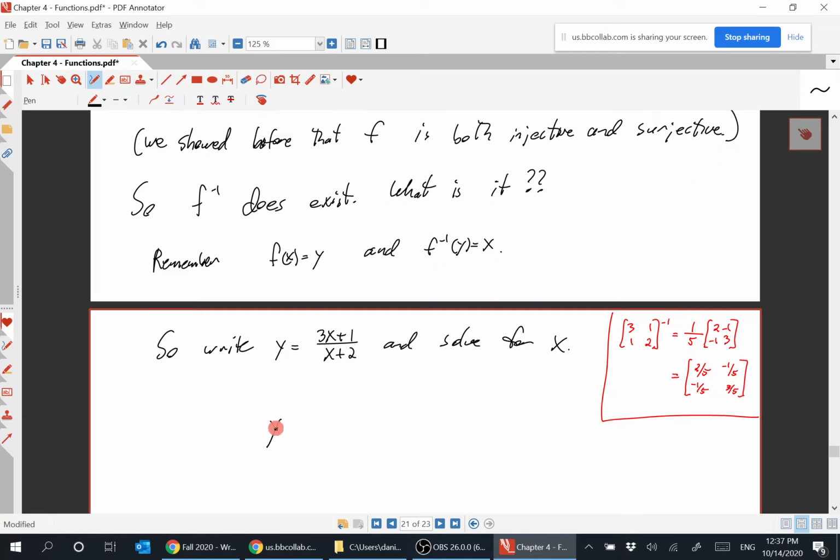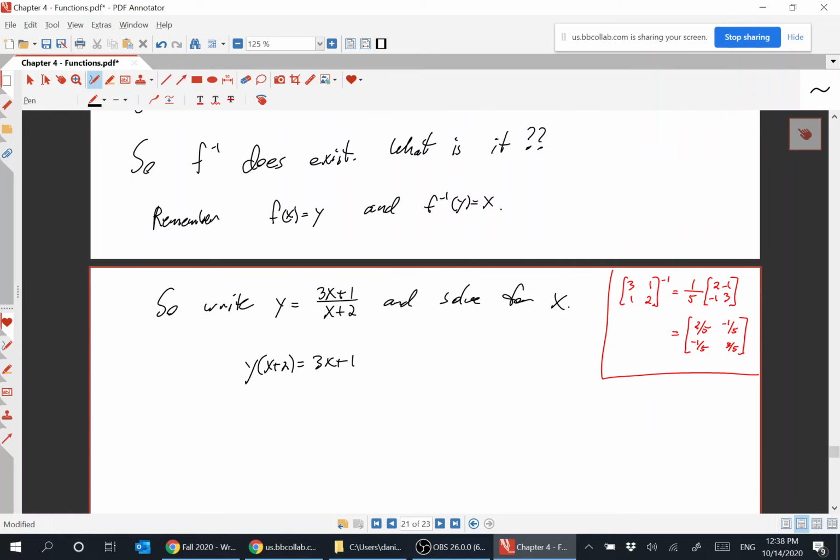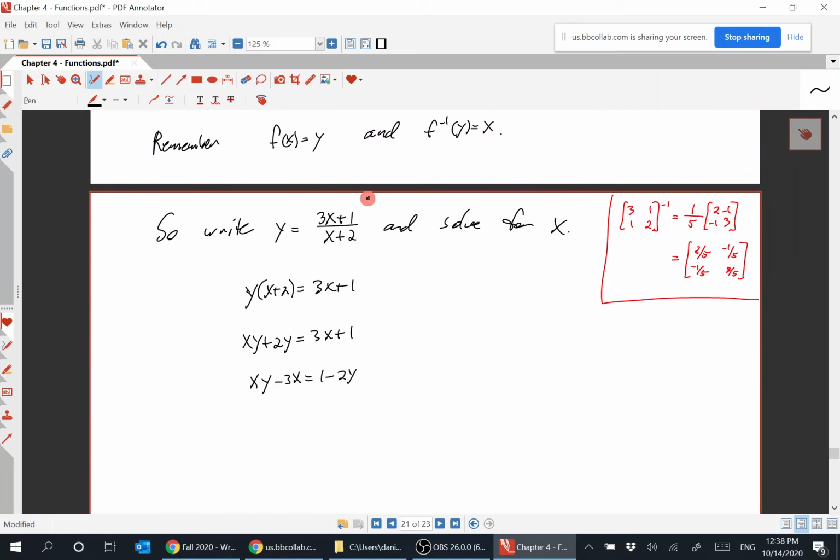Watch. So y times (x plus 2) is equal to 3x plus 1. So xy plus 2y equals 3x plus 1. And then, I forget what I'm supposed to do here, actually. All the ones with x's on one side. xy minus 3x is 1 minus 2y. Factor out the x, y minus 3.